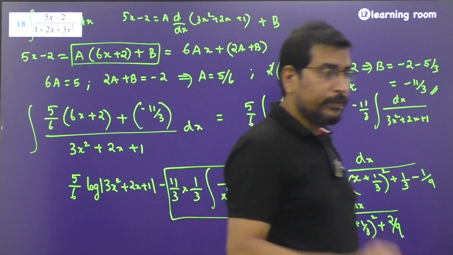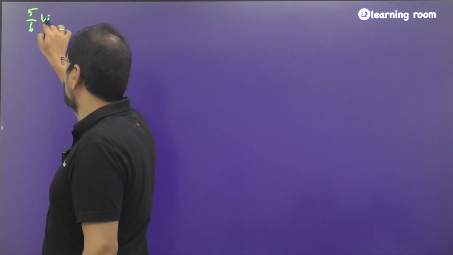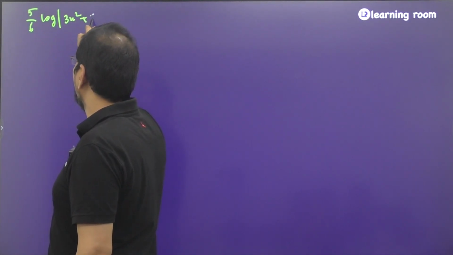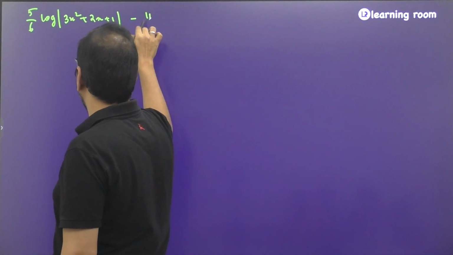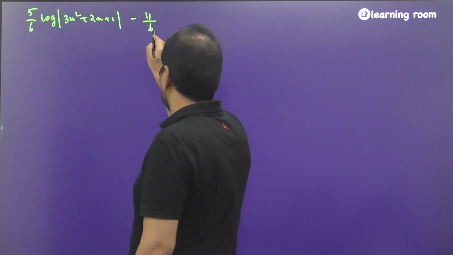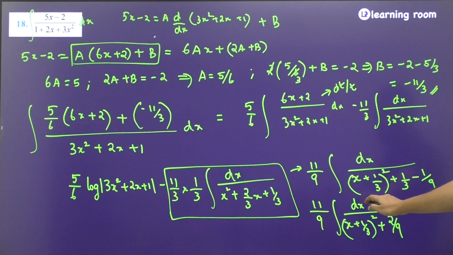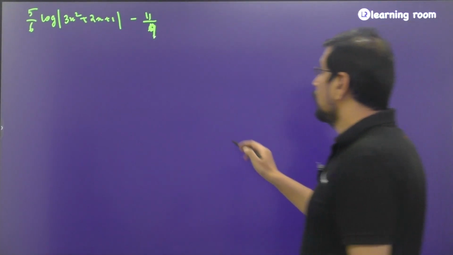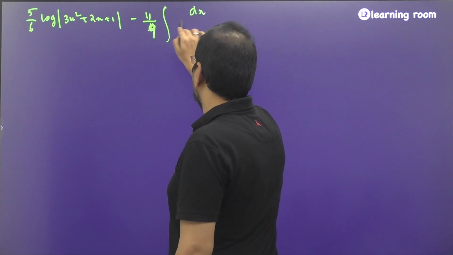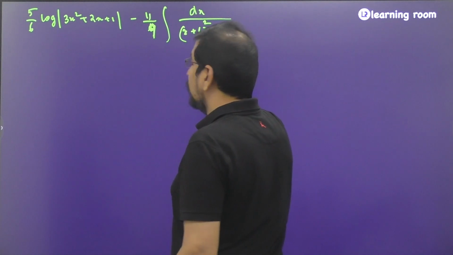Right? Listen. So here the answer will be 5 by 6 times log of mod 3x square plus 2x plus 1 minus, sorry, 11 by 9 into integral of dx divided by x plus 1 by 3 the whole square plus 2 by 9.